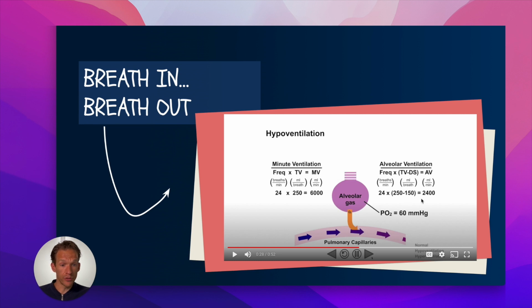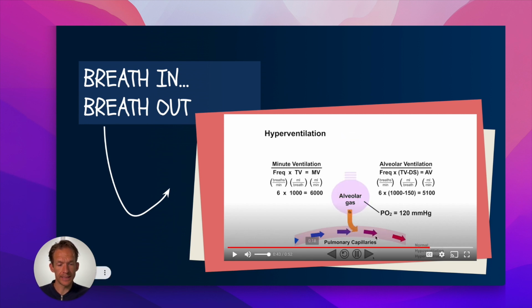And then the end result here is that the net alveolar ventilation is a lot less. So it's only 4.2 liters of alveolar ventilation, and that is because the same 150 milliliters of dead air needs to be subtracted from that 250, and that will leave you with less alveolar ventilation, even though the minute ventilation was exactly the same.